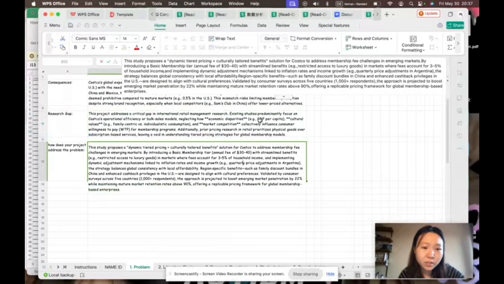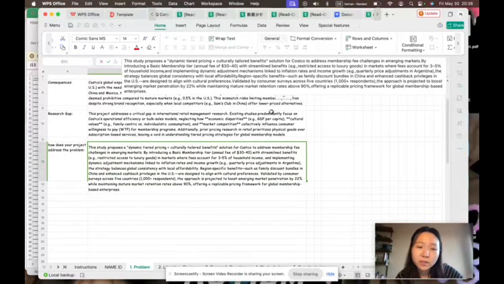This study proposes a dynamic tiered pricing plus culturally tailored benefits solution for Costco to address membership fee challenges in emerging markets by introducing a basic membership tier with an annual fee of $32 to $40, with streamlined benefits like restricted access to luxury goods, in markets where fees account for 3 to 5%.